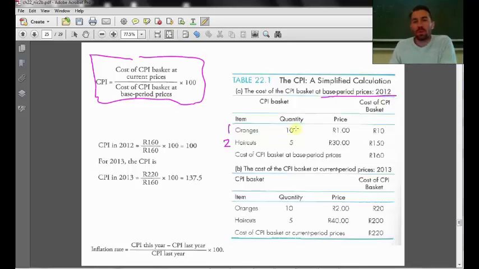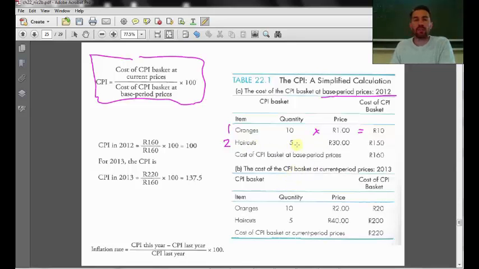So the quantity of oranges sold in 2012 is 10. And the quantity of haircuts sold in 2012 is 5. The price of oranges was 1. The price of haircuts was 30. Therefore, the cost of our CPI basket is going to be 10 times 1 equals 10.